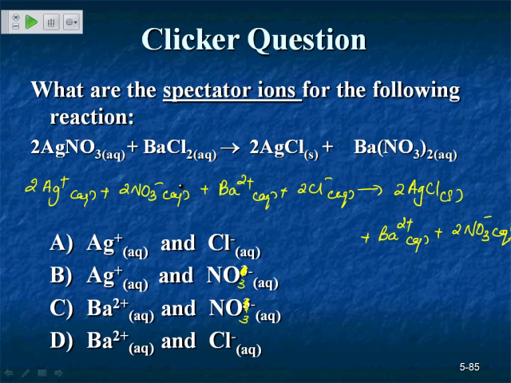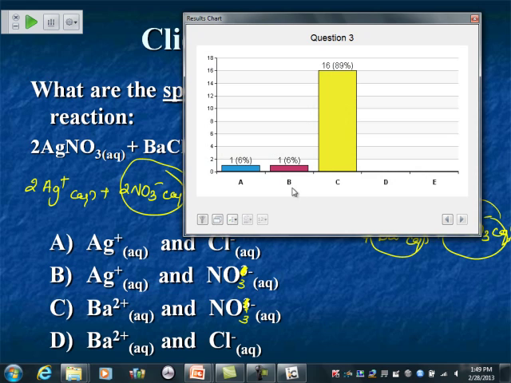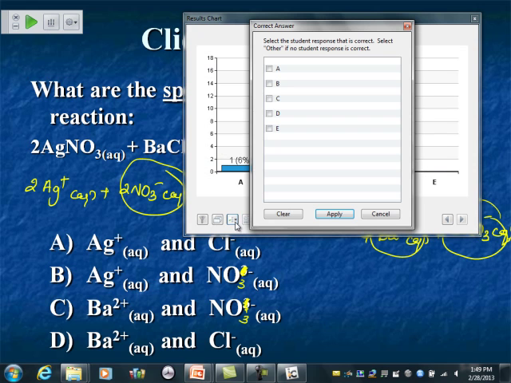Now we see who are the spectator ions on both sides, as well as Ba2+ on both sides. So as I said, I'm not looking for how many, all I want is the identity. So Ba2+ and NO3- are the spectator ions, which would make our answer C.